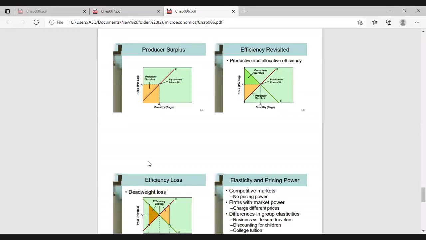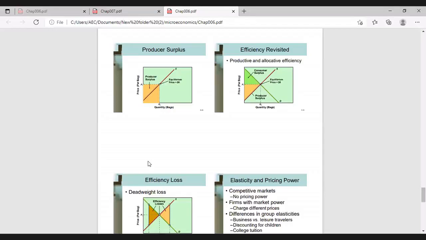In chapter 7 we again study consumer behavior: how we derive the individual demand and how we derive the market demand. We will study how the consumer makes choices.